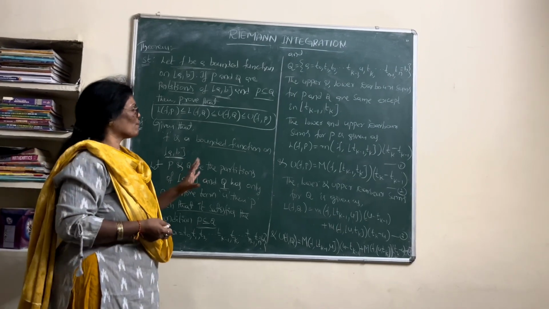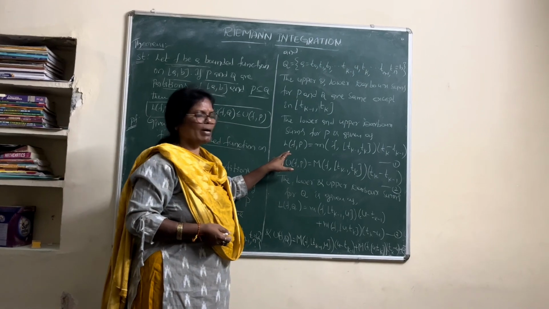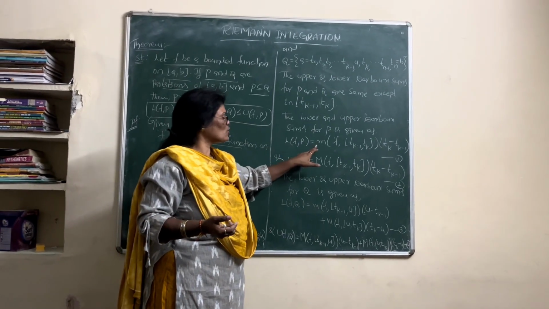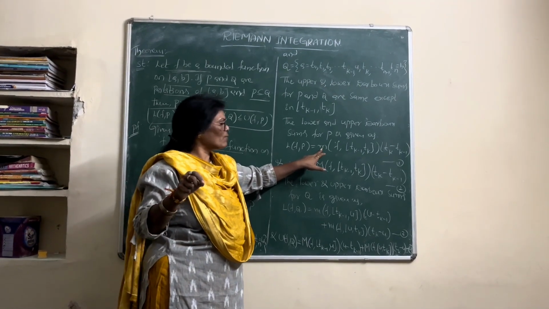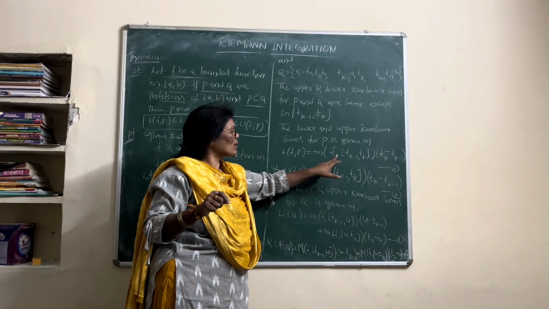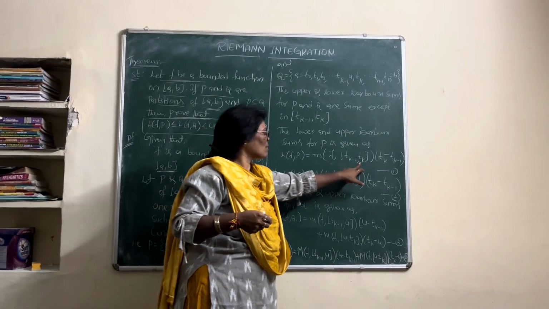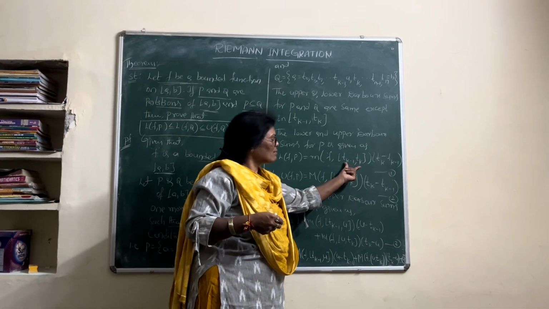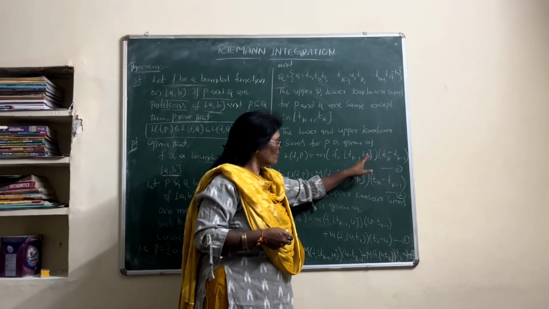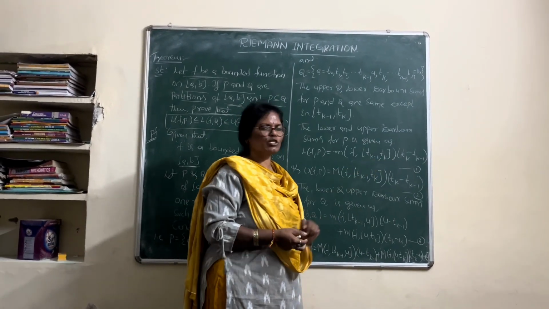So the lower and upper Darboux sums for P are given as follows. The lower Darboux sum L(f,P) is the infimum value, denoted small m, of f on the subinterval [t(k-1), tk], times its length, which is the upper limit minus the lower limit, tk minus t(k-1). Is it clear? Call this equation 1.